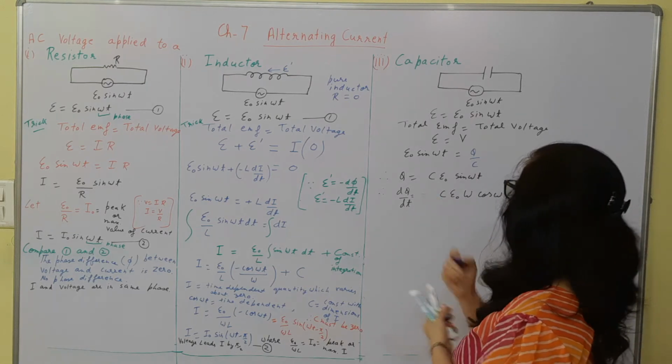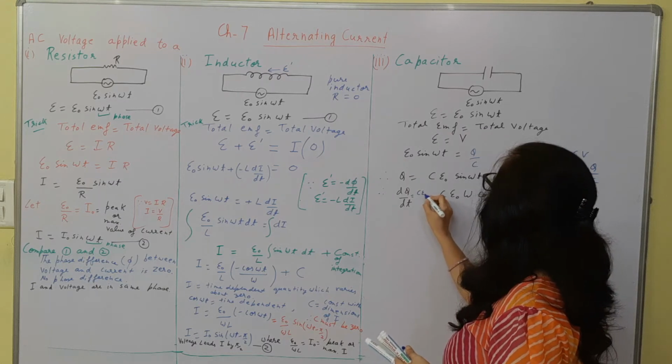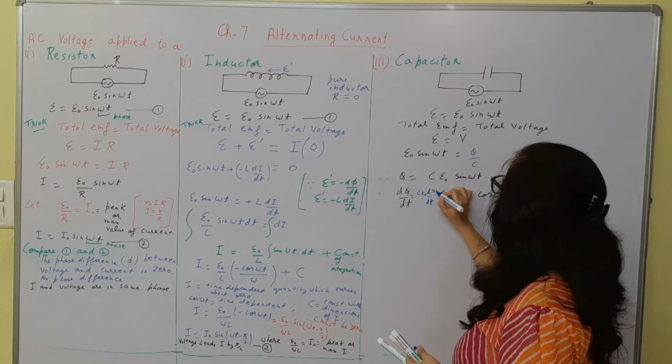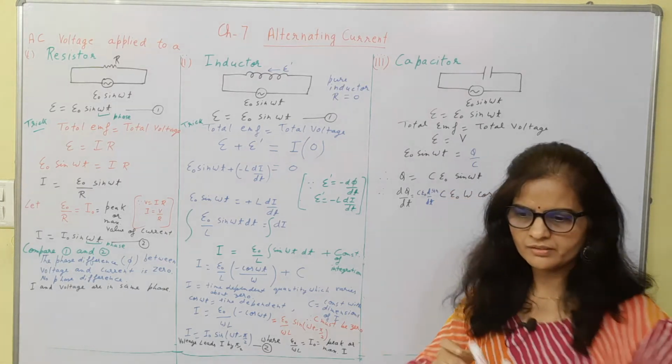One step I have missed here. C d by dt of sine, let me write it again.